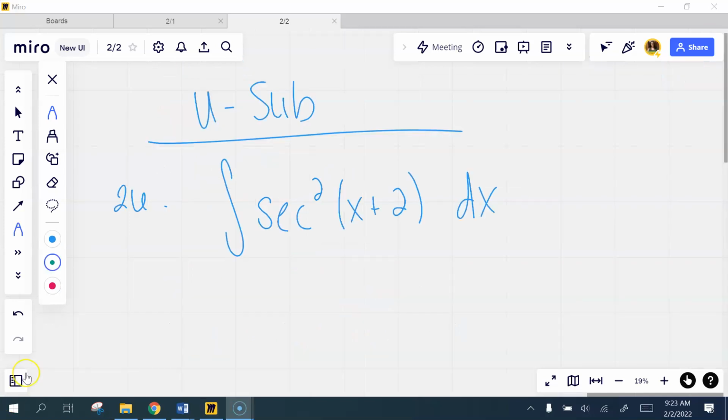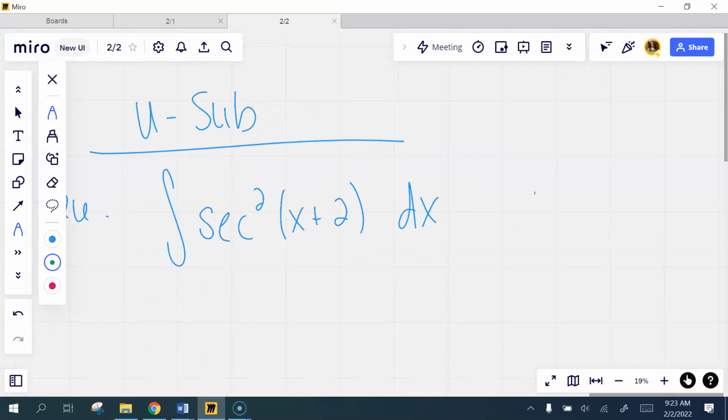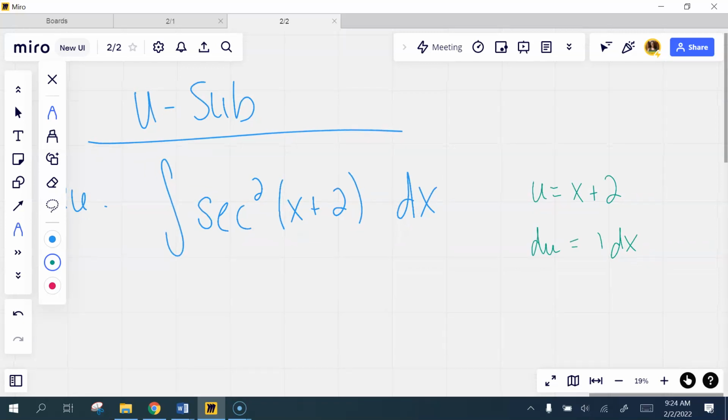I'll give you a second. x plus 2, that's exactly what I'd do. I'd let u be x plus 2 because I know what the antiderivative of secant squared is, right? And I know that the derivative of this is already there. I don't even need anything extra with it.